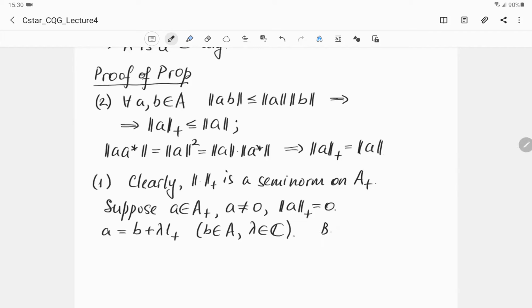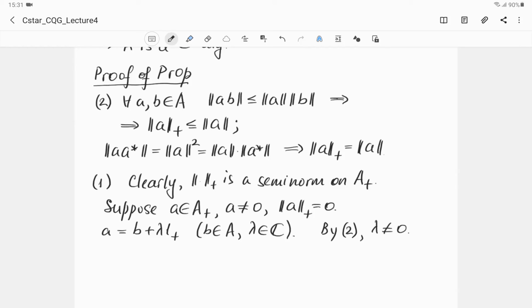This follows from the second part of our proposition, which is already proved. Because if lambda is 0, then since a is non-zero, this implies that b is non-zero. But the new norm on b is the old norm of b. So this implies that b is 0, and so a is 0. Okay, so this implies that lambda is not 0.